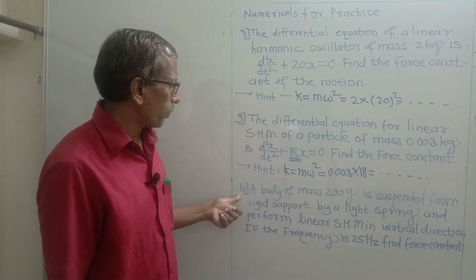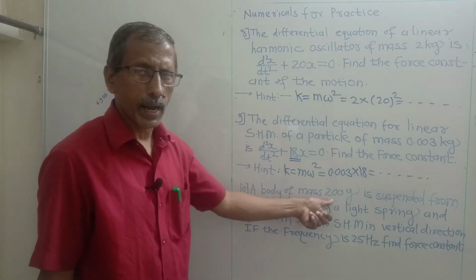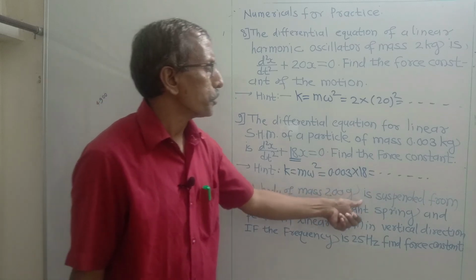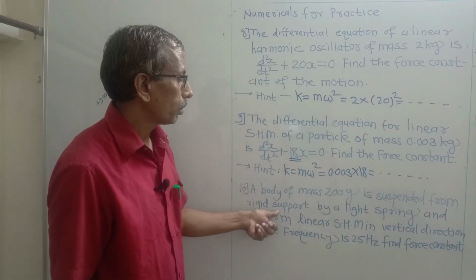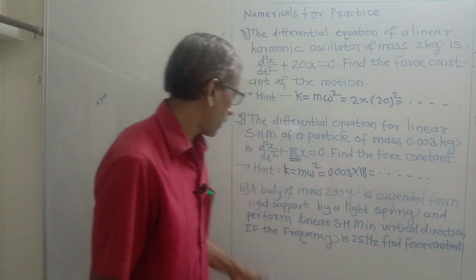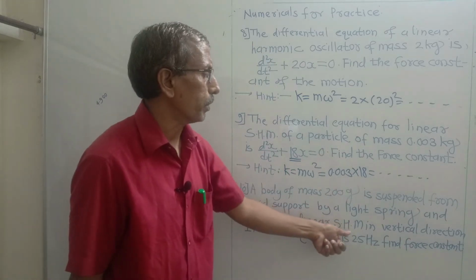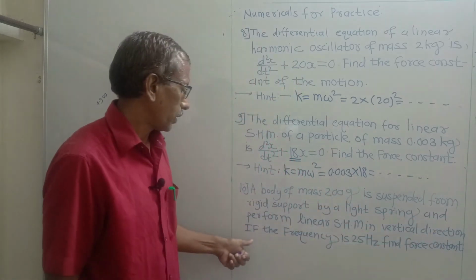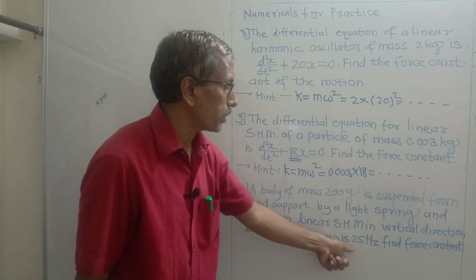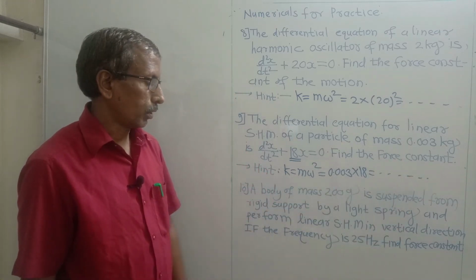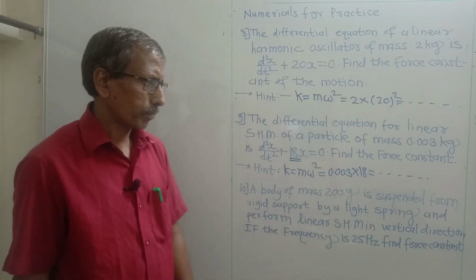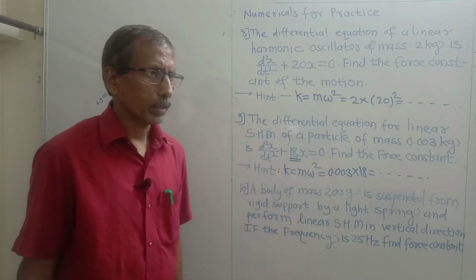Now the last problem. A body of mass 200 gram is suspended from a rigid support by a light spring and performs linear SHM in vertical direction. If frequency is 2.0 Hz, find the force constant. Frequency is given, mass is given.